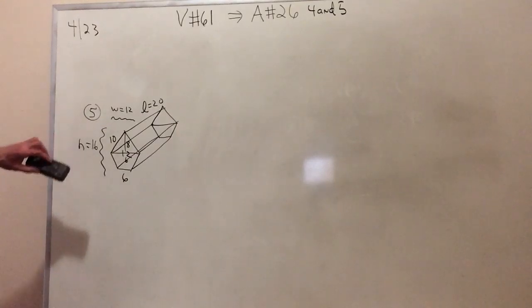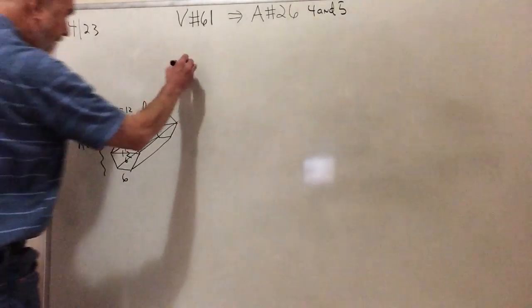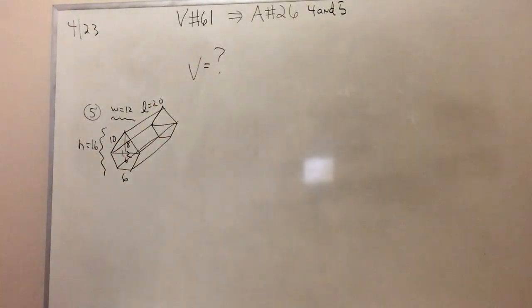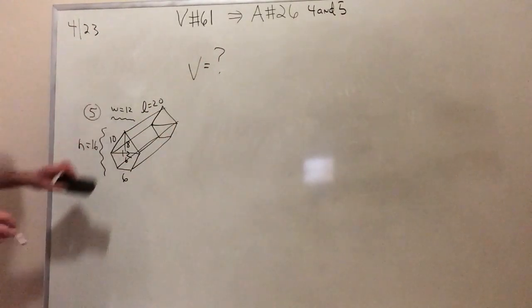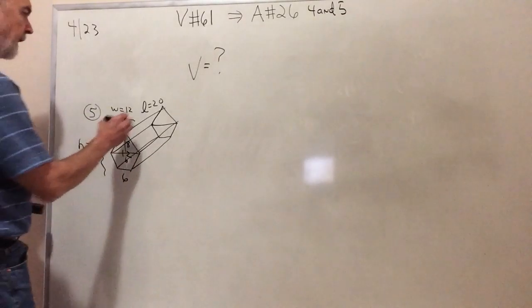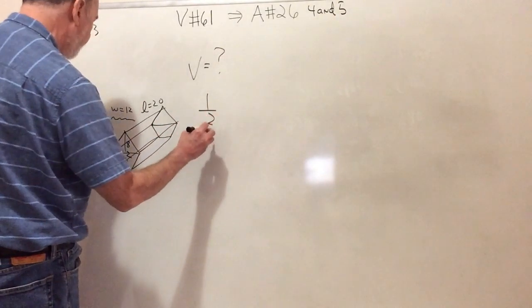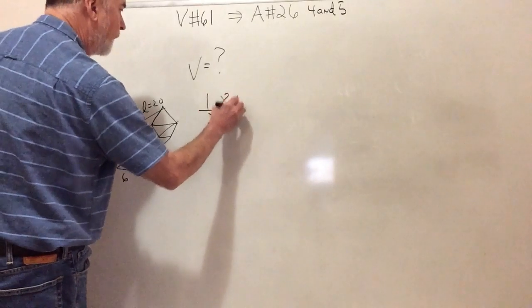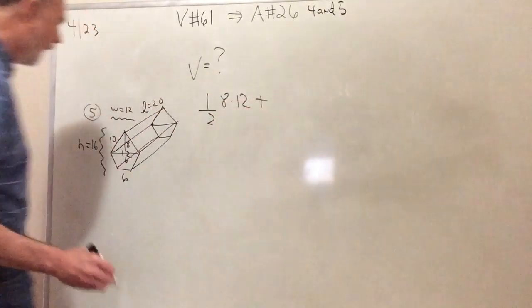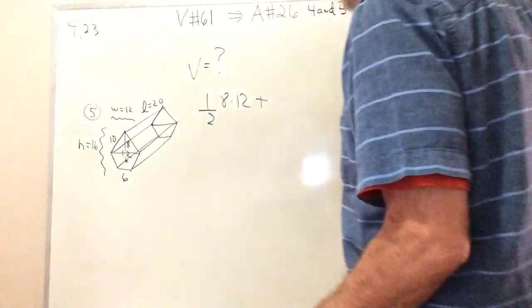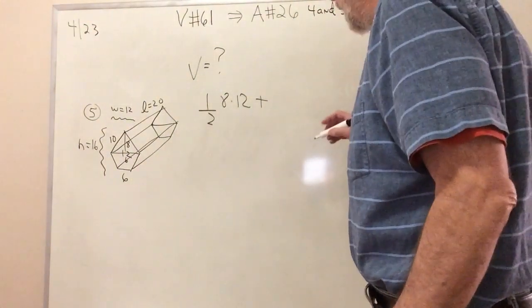So I need to find the volume, okay? And that means that I only need to find the face of the pentagon and multiply it by 20. So there it is, 1/2 of 8 times 12, plus the, excuse me here, the trapezoid.